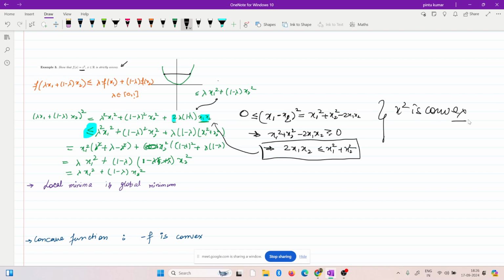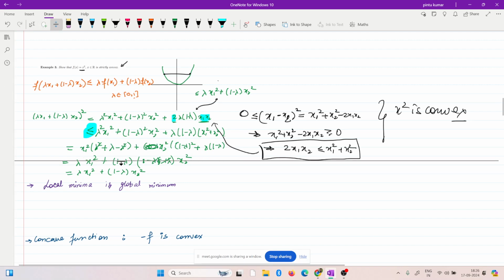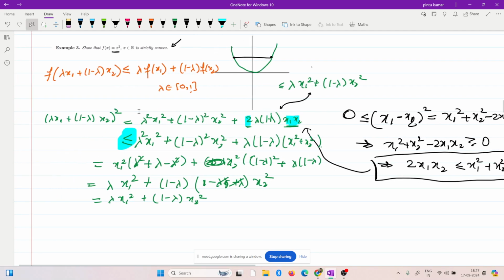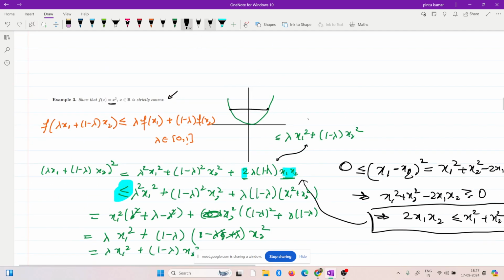Okay. So if you ask anyone about a convex function, or whoever has studied convex functions, even now if I ask you to give me an example of a convex function, the easiest example that comes to your mind is x square, right? Something that is bowl shaped, so that if you draw a line, your function values remain below that line. But even for such a simple function, we had to use this trick.